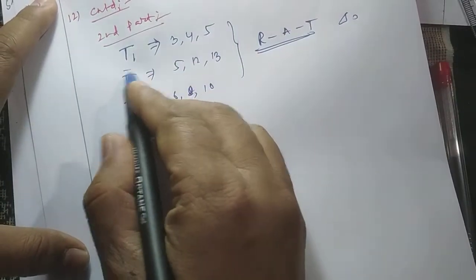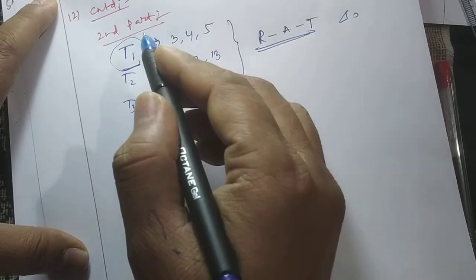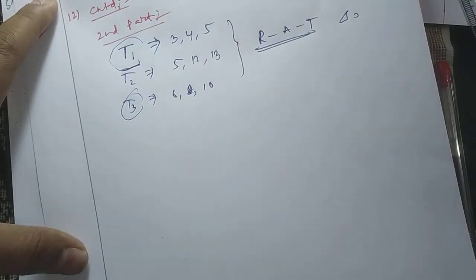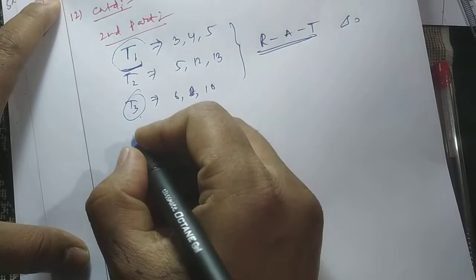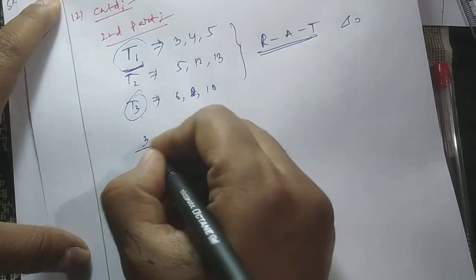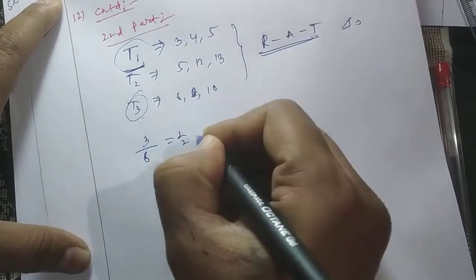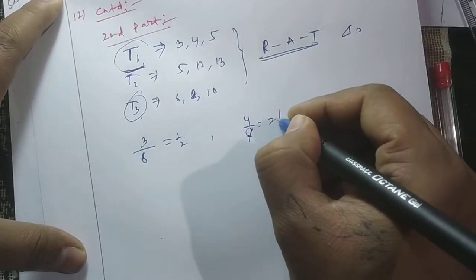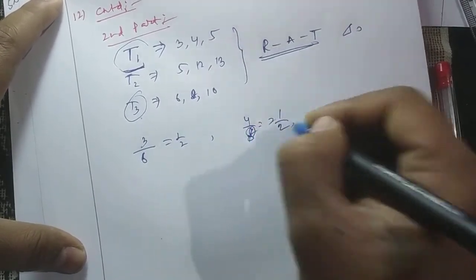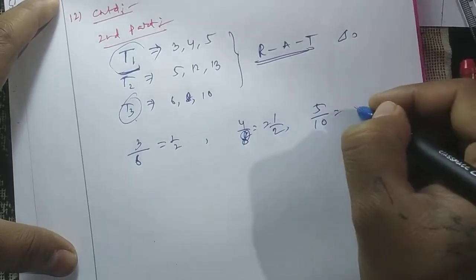Firstly, directly I am taking the side ratio of triangle T1 and T3. First, let us take the ratio of the corresponding sides of the triangles T1, T3 directly. So 3 by 6 will be half, 4 by 8 will be half, also 5 by 10 will be half.